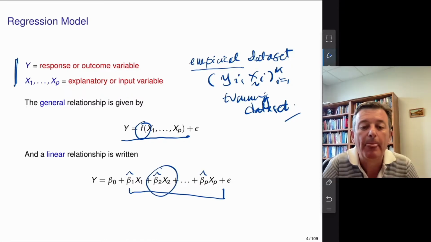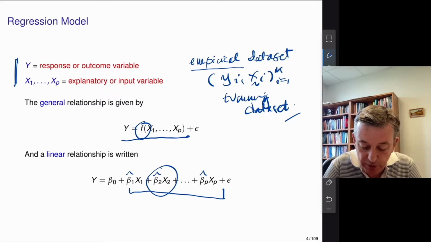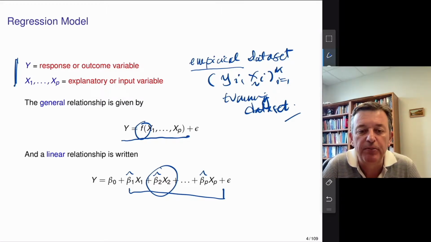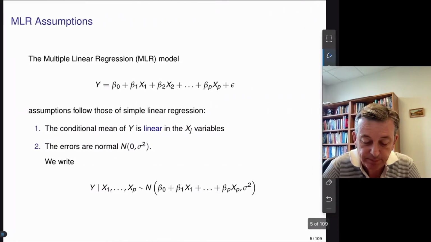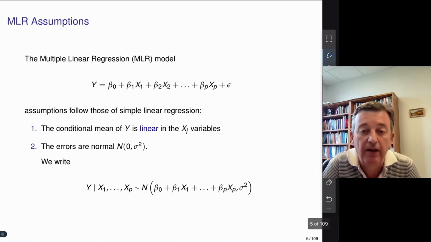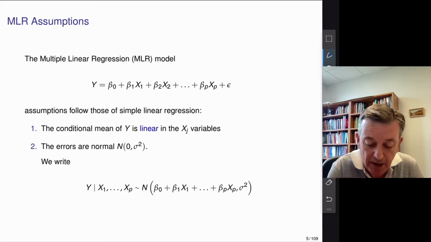Remember that, for example, beta 2 is estimating the marginal effect of variable x2, holding the other variables constant. So as x2 moves up 1 unit, holding everything else constant, we'd expect the response to move up beta 2 units. Okay, so there's our MLR, our multiple regression model.